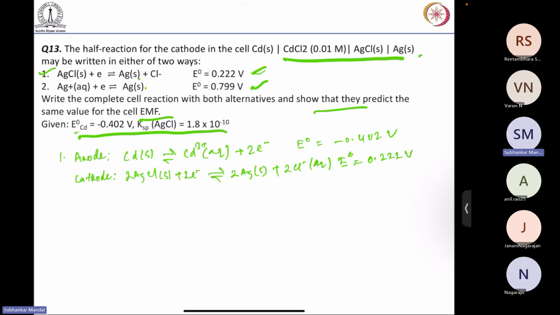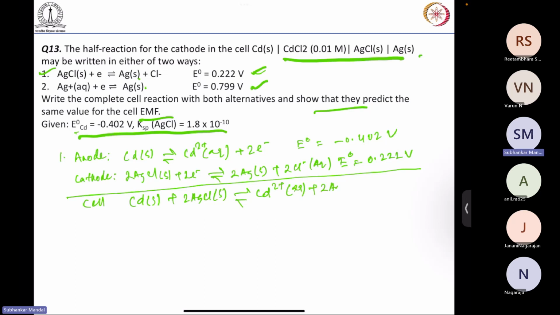Then if you combine these two half cells, what will the cell reaction be? I think this is the way we used to do it in BSc. Cadmium solid plus 2 AgCl solid in equilibrium with cadmium 2 plus aqueous plus 2 Ag solid plus 2 chloride aqueous. So this is the anode reaction and this is the cathode reaction.